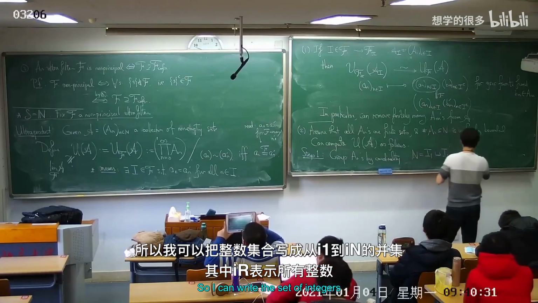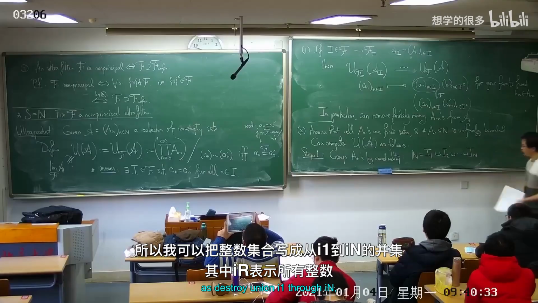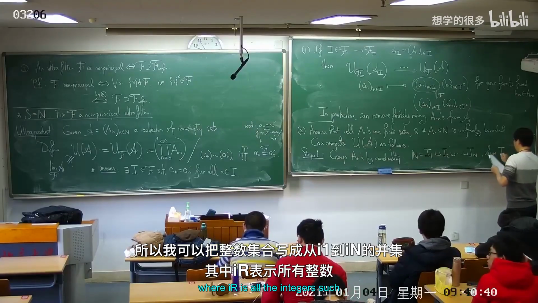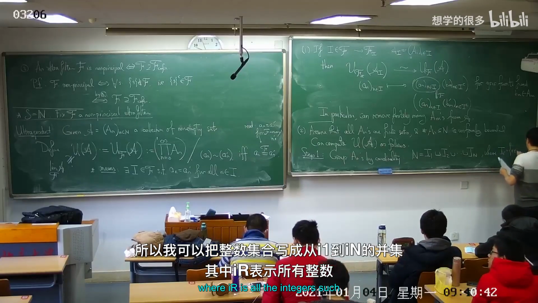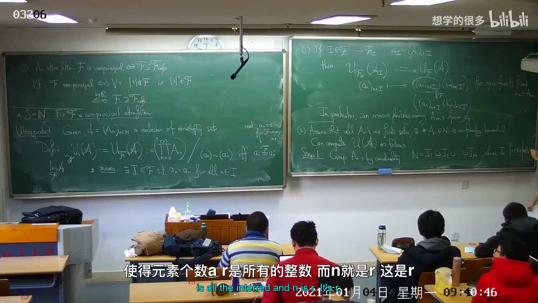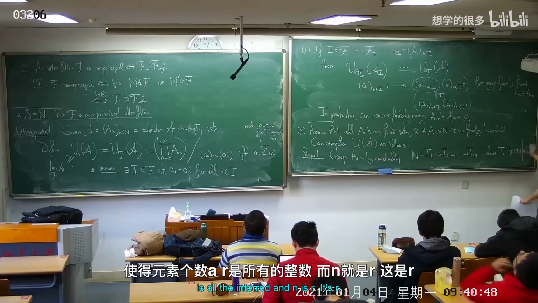So I can write the set of integers as a disjoint union of I_1 through I_N, where I_r is the set of all integers n such that the number of elements in A_n is r.